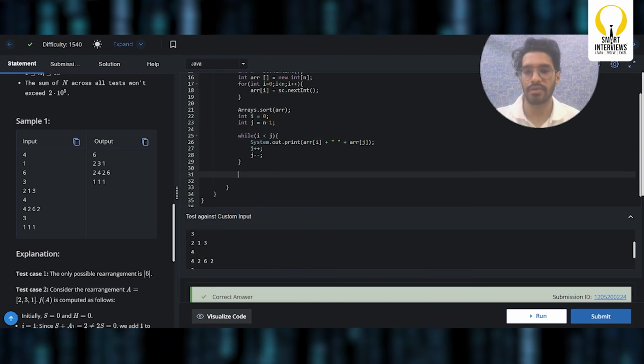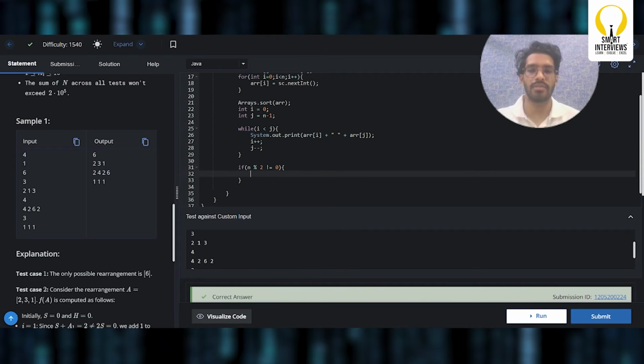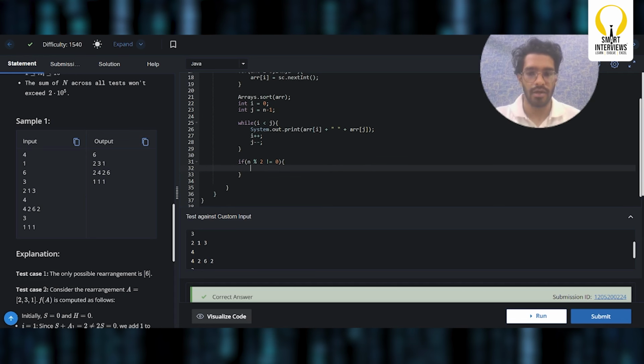So for this specific case, you can do something like if n mod 2 is not equal to 0, basically that means it is an odd length array, and we have to handle a specific case where we print out the element pointing to i or j. So basically i and j become the same thing, so you can print any value here that you want. Either you can print array of i or array of j.